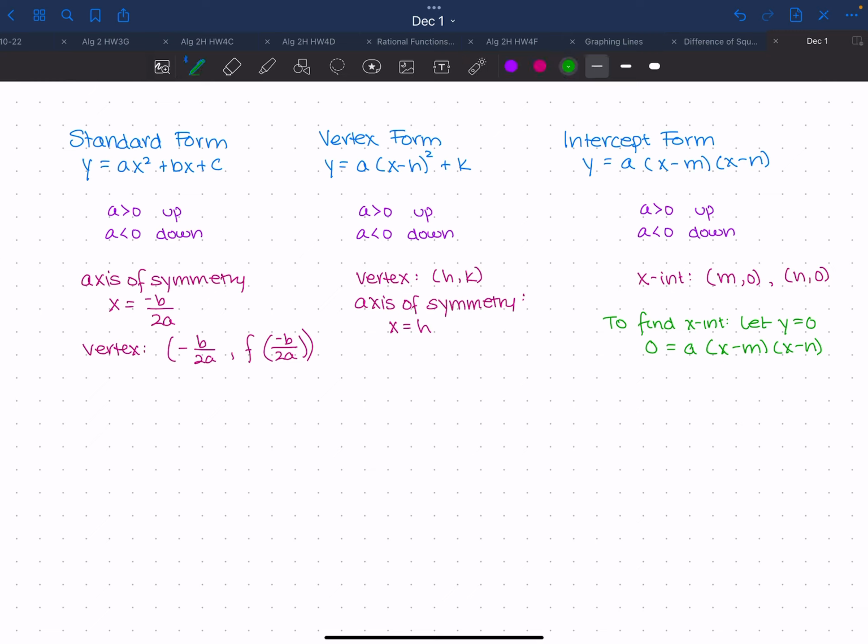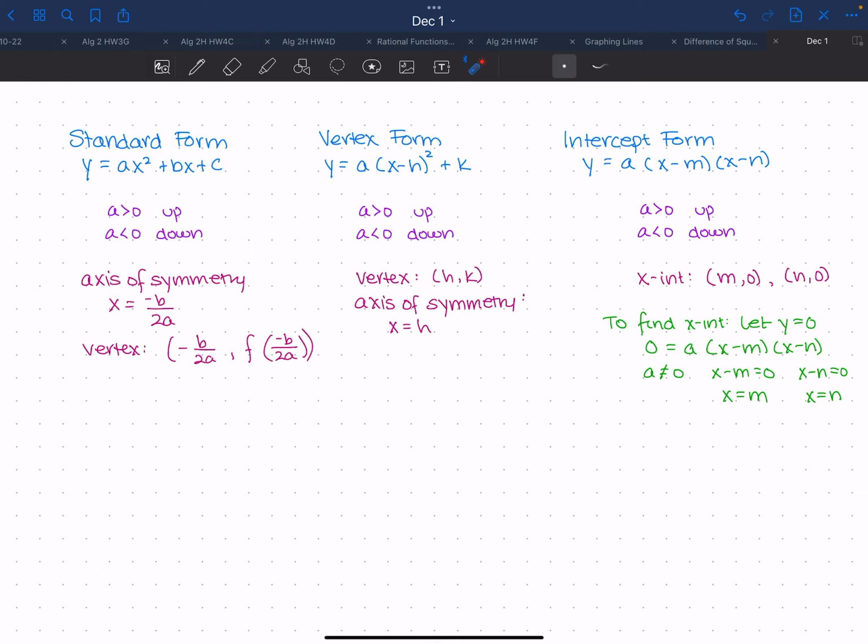And we know then you can set each factor equal to 0 and solve. Now, a is a constant. A can never be 0, so that doesn't give us anything. But when we solve the second equation for x, we get x equals m, and this one we get x equals n. So there are the intercepts.